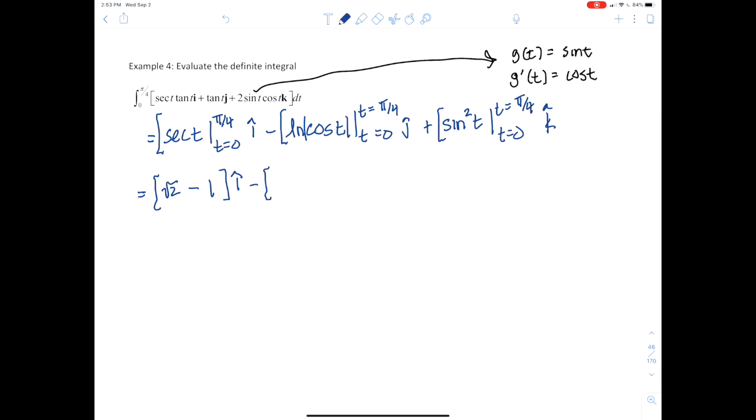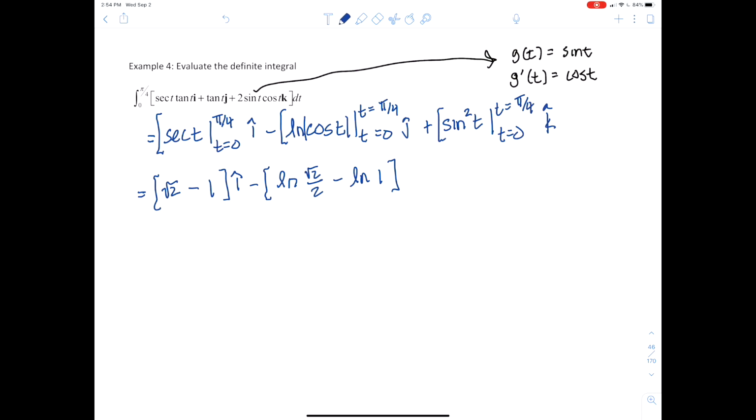Then minus, the absolute value of cosine at pi over 4 is root 2 over 2, so we'd have natural log of root 2 over 2, or 1 over root 2, whatever you prefer. And then minus natural log at 1.